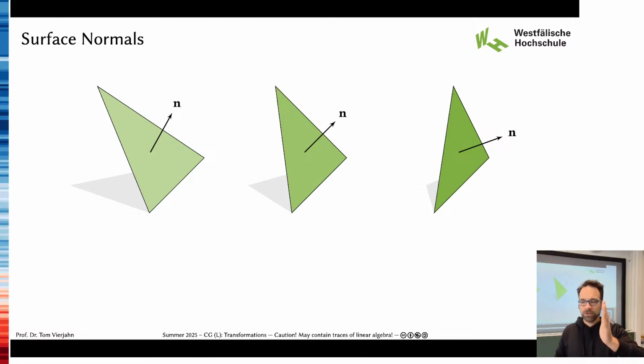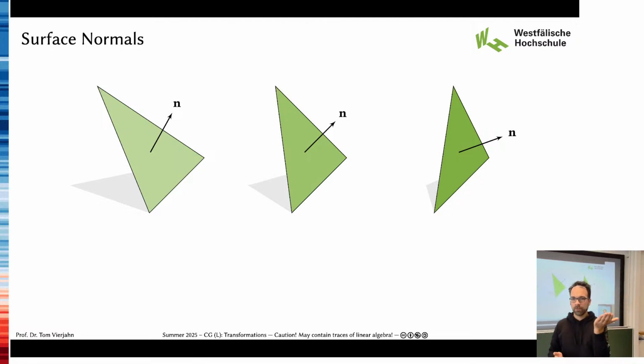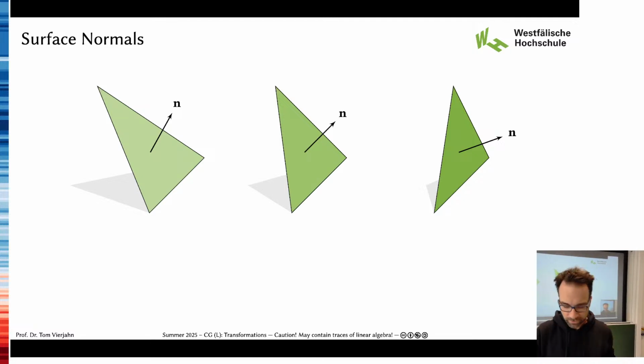So the triangle's orientation can be either represented by the plane itself or the normal perpendicular to that plane, right? And however I orient the plane in 3D space, the normal changes accordingly to still be perpendicular to the plane. Okay? Good.